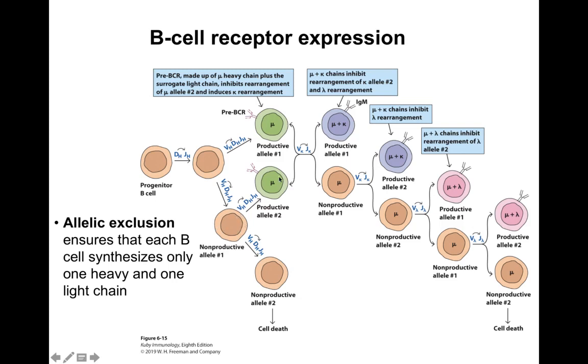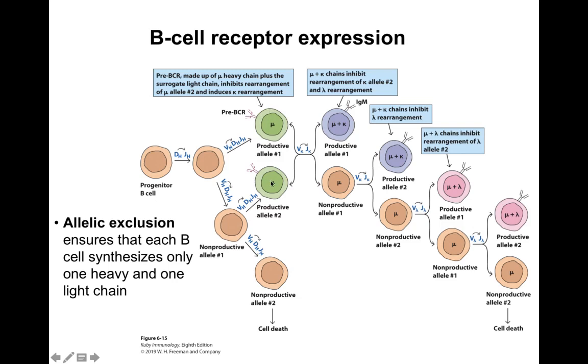So it could try the second allele, because there's two alleles for the heavy chain, and that may be productive. If it's not, though, that cell will then be destined to die because it's not going to put a cell out of the bone marrow. It's not going to take a B cell unless it has a B cell receptor on its surface.